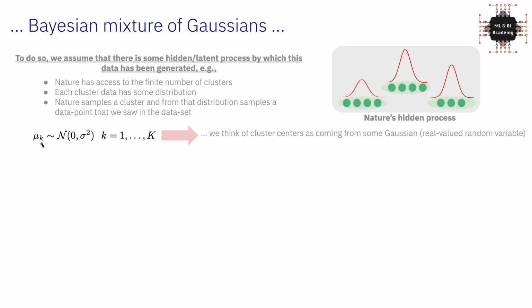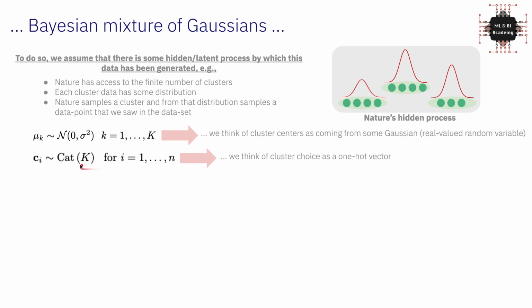So we pick now the cluster center. The next thing we need to do is pick a cluster choice, Ci, from some categorical distribution of K. The idea here is that we assume that a cluster is a one-hot vector. For example, in this case, it's going to be 1, 0, 0 for this cluster, 0, 1, 0 for this cluster, and 1, 0, 0 for this cluster.